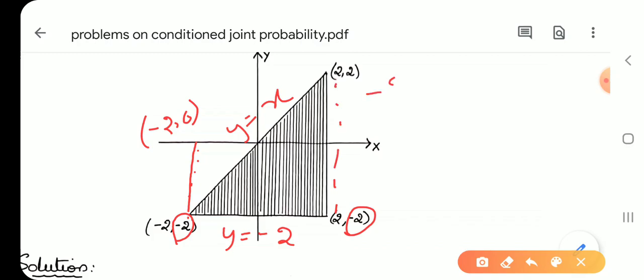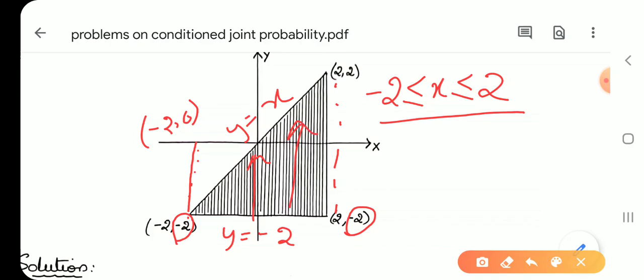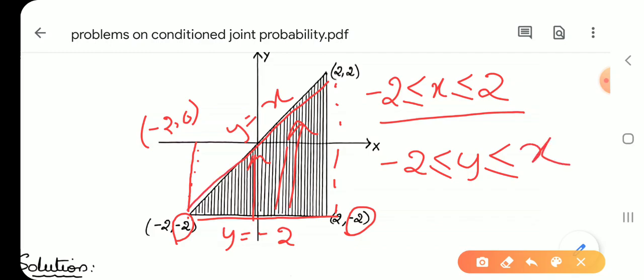So here minus 2 less than or equal to x, less than or equal to 2. These are the limits for x. Here y, when we move from bottom to top, shading starts from the line minus 2, and as we go above, y varies and it reaches the line x. So y ranges from minus 2 to x.